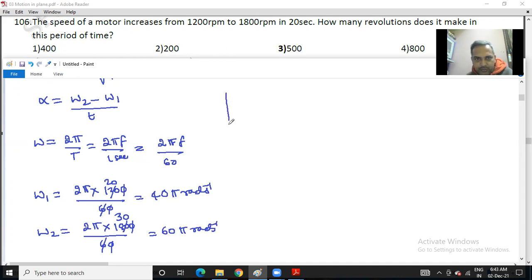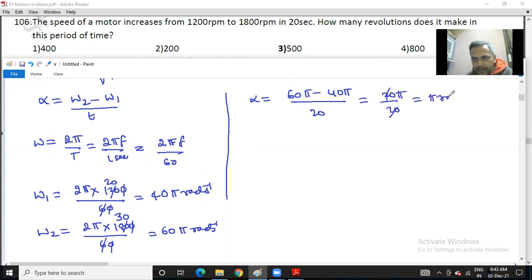Making use of these two, alpha is equal to 60 pi minus 40 pi divided by the time in which this angular velocity change occurs, 20 seconds. So therefore, this will be 20 pi by 20. So it will be pi radian per second square.